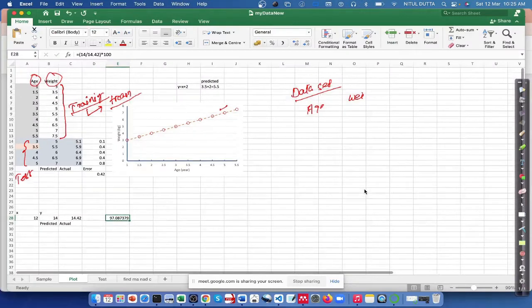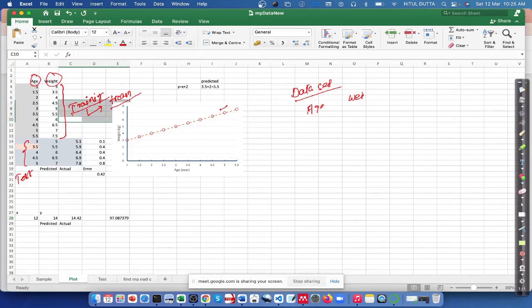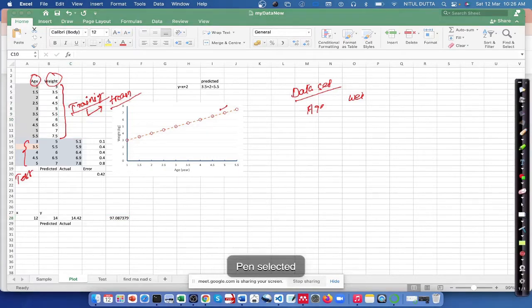We have a set of data, and the set of data is divided into two different segments. One is called the training data set and another is called the testing data set. By using the training data set, we try to find out the values for m and c so that we can put them in an equation that leads to the line y equals mx plus c, and this is the line y equals mx plus c.